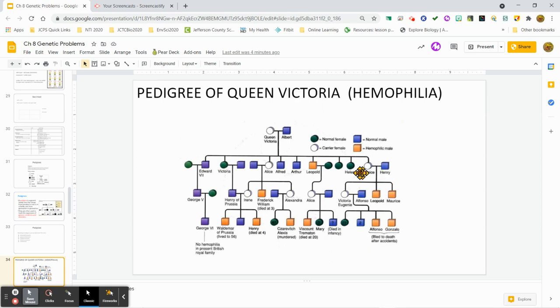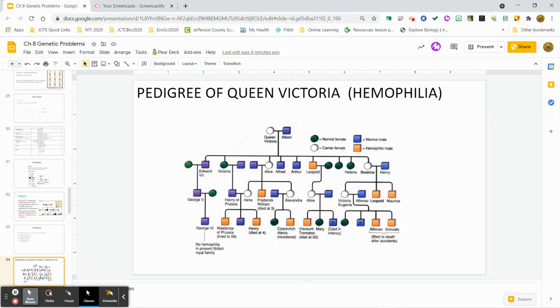This is sex-linked. And so this is a normal male, and this is a male with hemophilia. And you'll notice only males actually get this, right? So they're all squares that have hemophilia, and that's because it's sex-linked, and they only need one allele from the mother to get it.